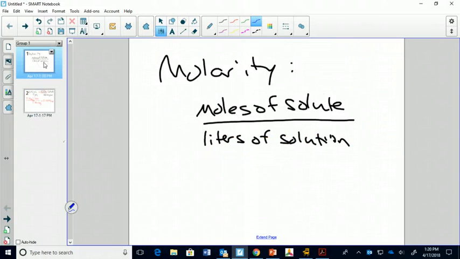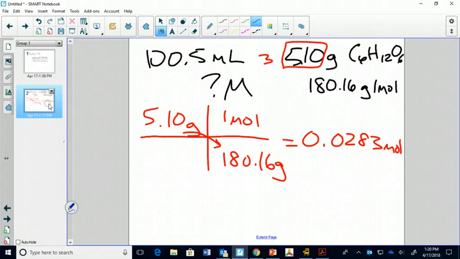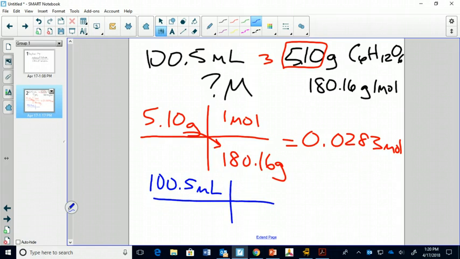Okay. Because I've got moles of solute, right? But I need to know liters of solution. What did the problem tell me? 100.5. But is that liters? What is it? Milliliters. Okay, so I have my 100.5 milliliters. How do I change it from milliliters into liters? Divide by?